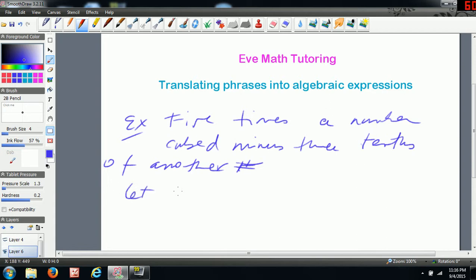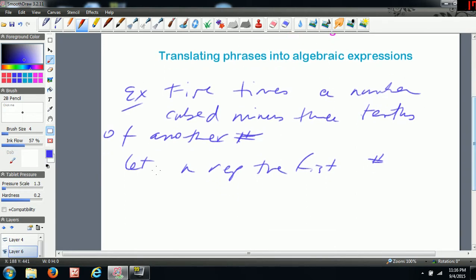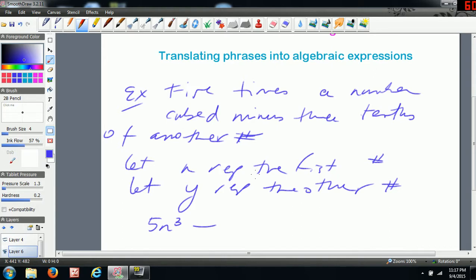If we let n represent the first number in the phrase, and let y represent the other number, because they're talking about two numbers here, then 5 times a number cubed is 5n cubed, minus 3/10 of another number.